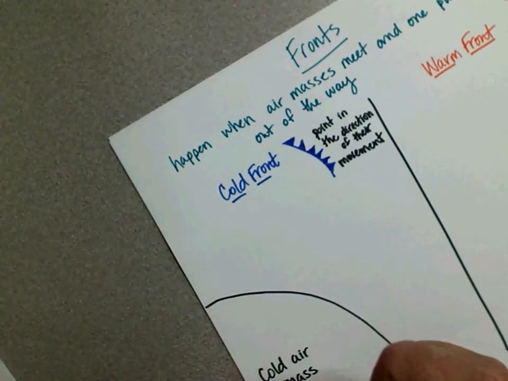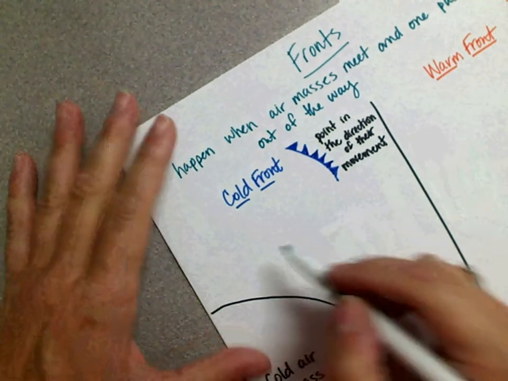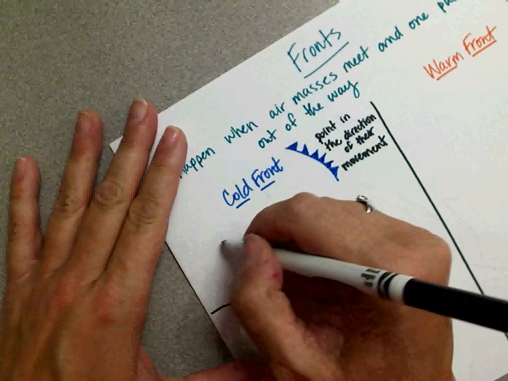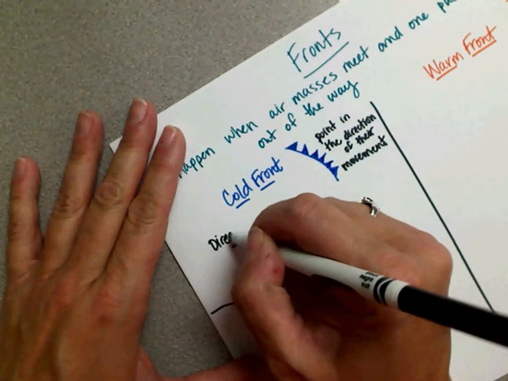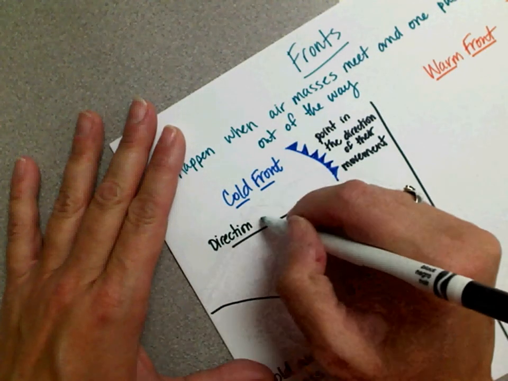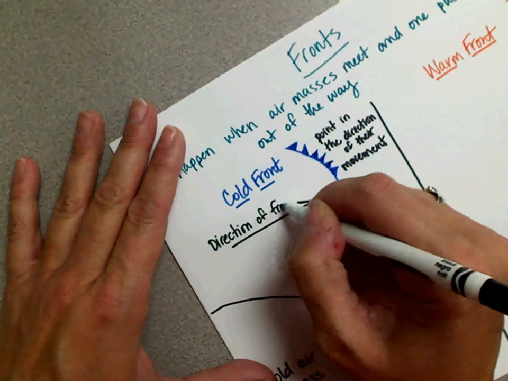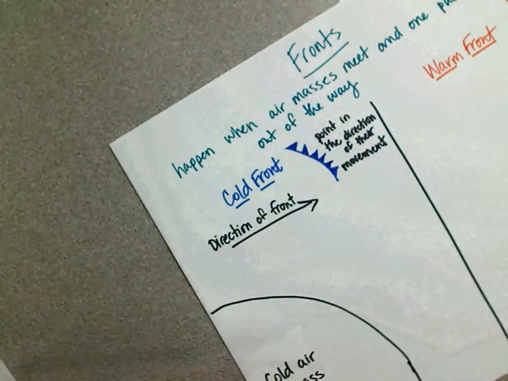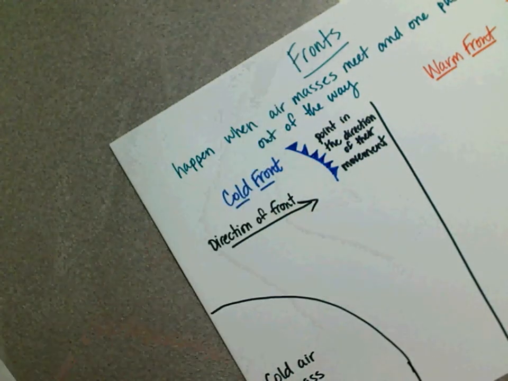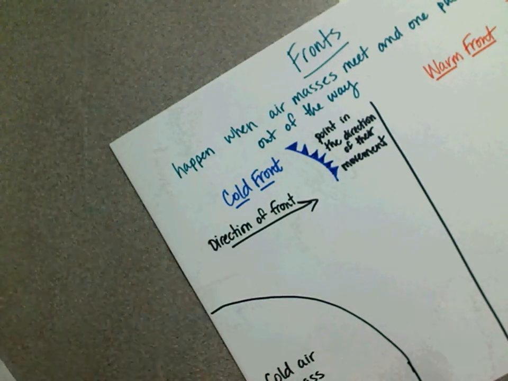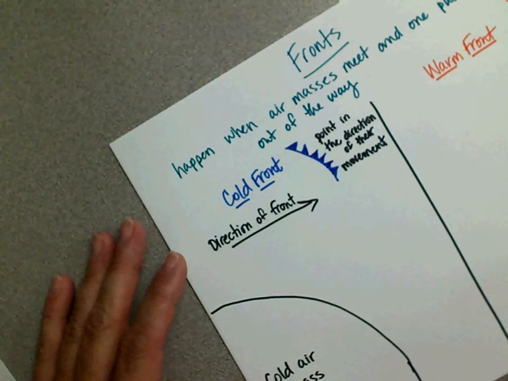Okay? This is the direction our front is moving. So the direction of the front is going to be the direction that the main air mass is moving.